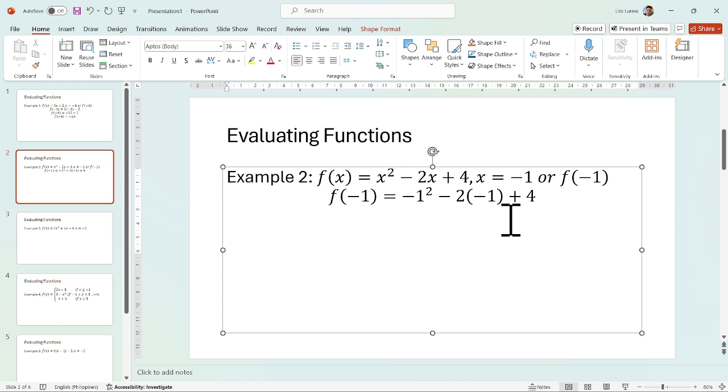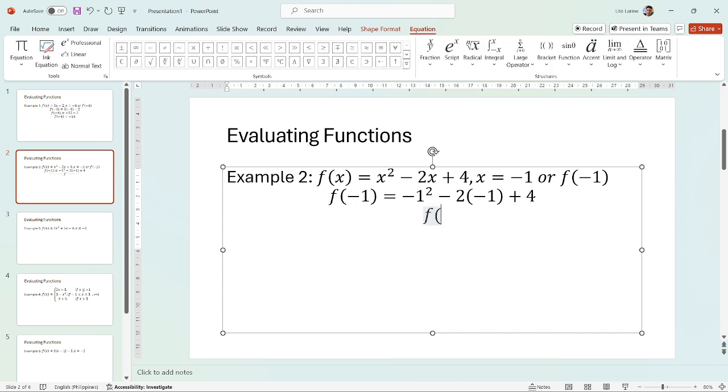Solving this, we have f of negative 1 is equal to, what is the square of negative 1? That is negative 1 times negative 1, which is positive 1, minus 2 times negative 1 is negative 2, plus 4.